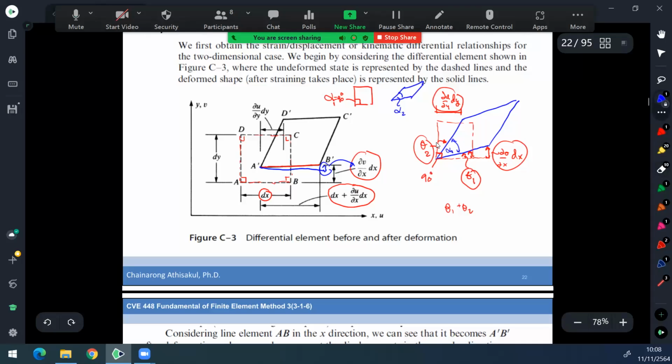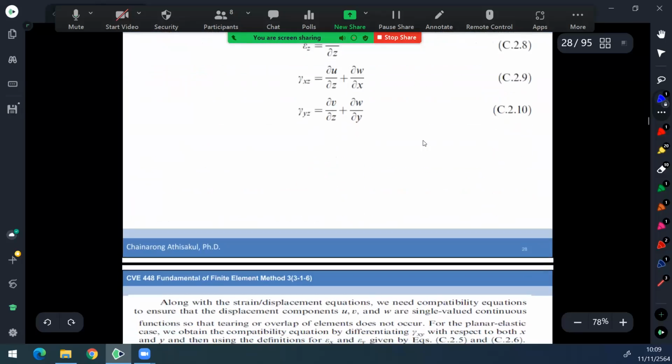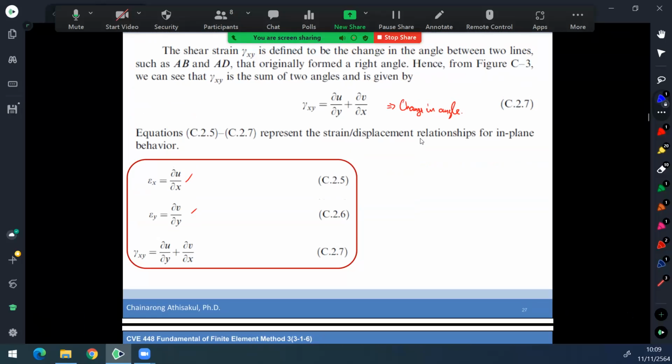So then, if we consider the shape that is changed from 90 degrees to alpha 2, we have alpha 1 minus alpha 2 equal to theta 1 plus theta 2, right? Okay. So this is defined as the change in angle, the change from 90 degrees to alpha 2. Okay, are you all right? That is the definition of shear strain. It is a change in angle. Okay, we define it like this. For small displacement, gamma xy is defined as partial u by partial y plus partial v by partial x.